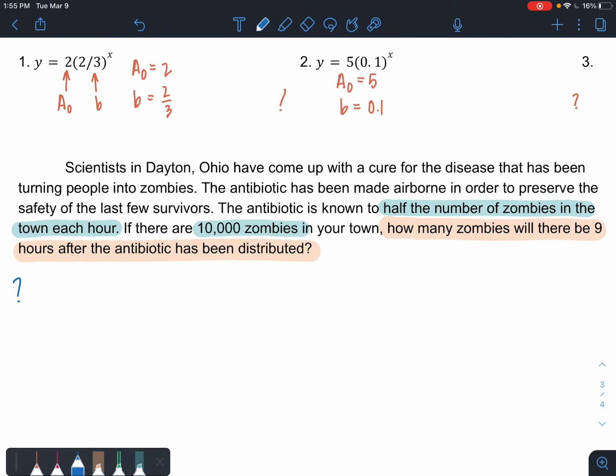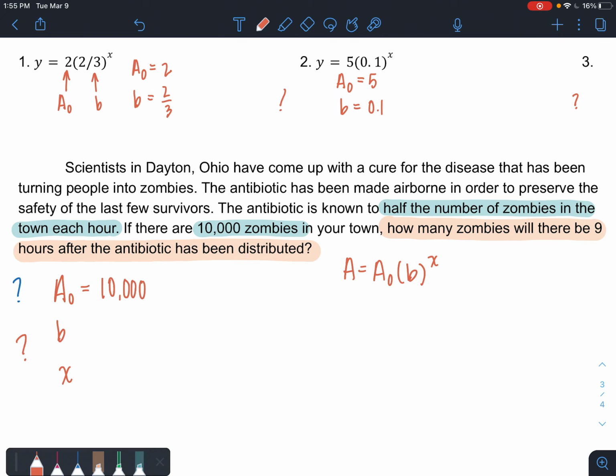Okay, so the beginning of that is really just fluff. Here's what we need. We need a naught, b, and x to go into our A equals A naught times b to the x equation. Go ahead and fill that out.